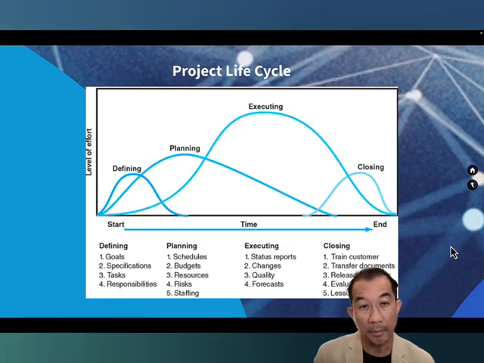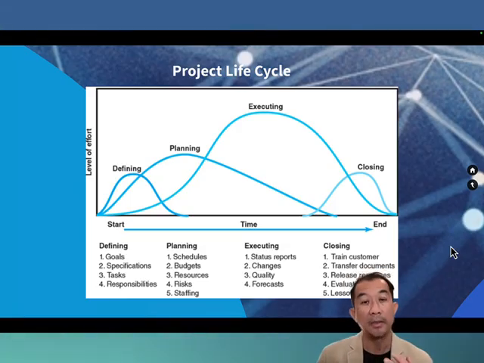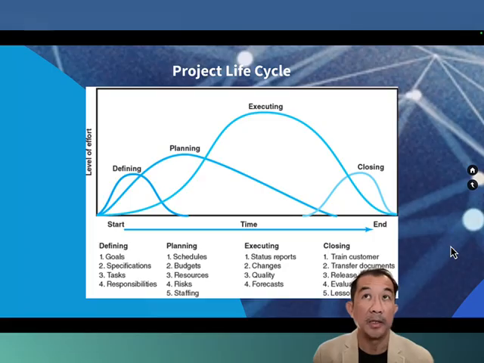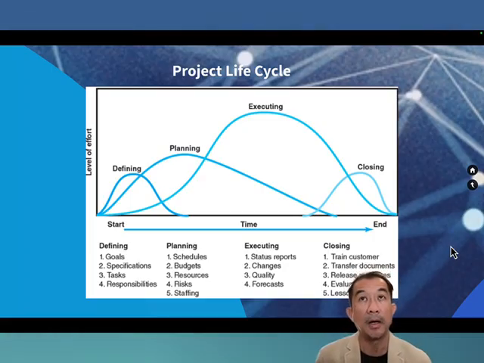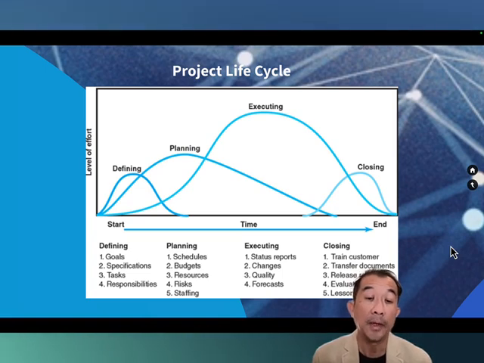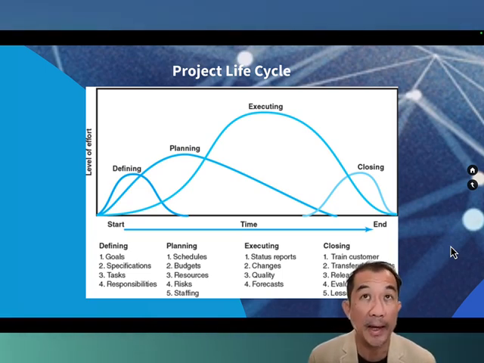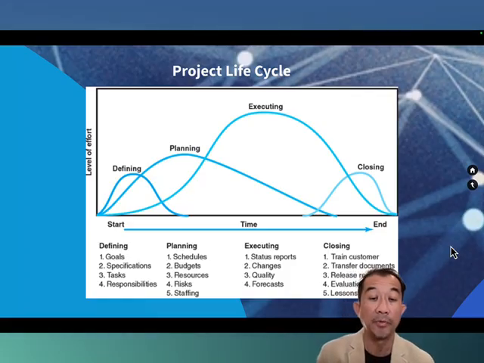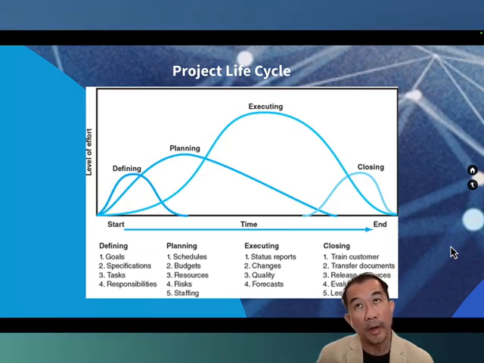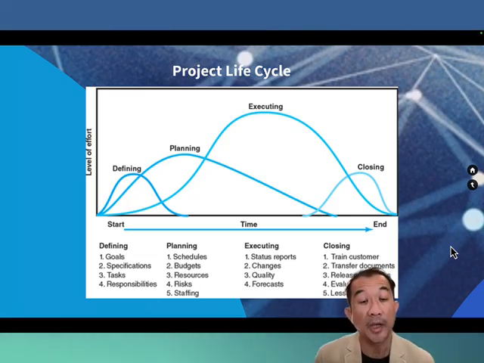The planning and executing stages take the longest part of the process, because as you work through a project, you are constantly attempting to accomplish tasks and deliverables. We can say that schedules, budgets, resources, risks, and staffing are the primary variables that have to be discussed and planned during the planning stages.